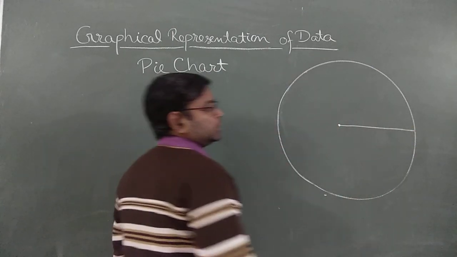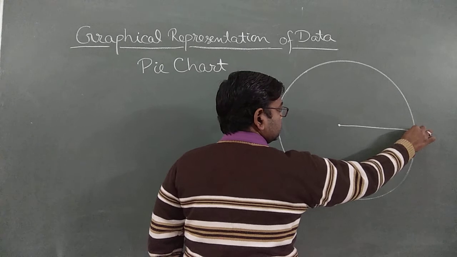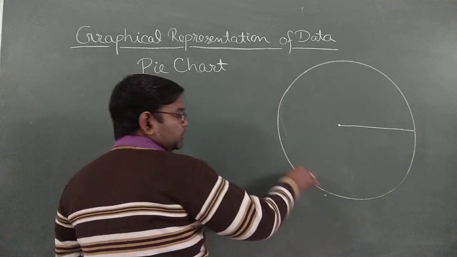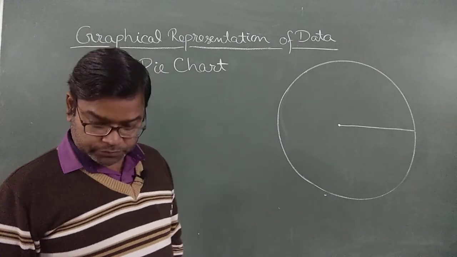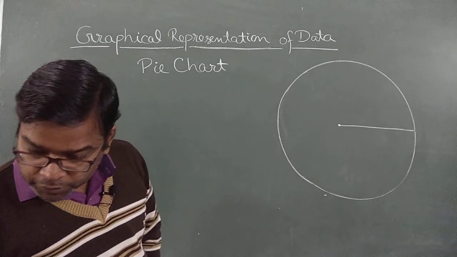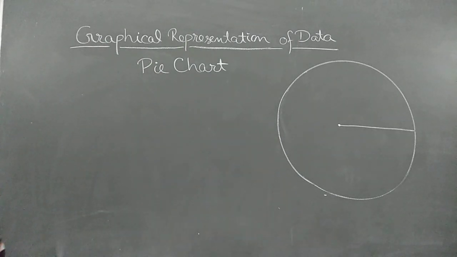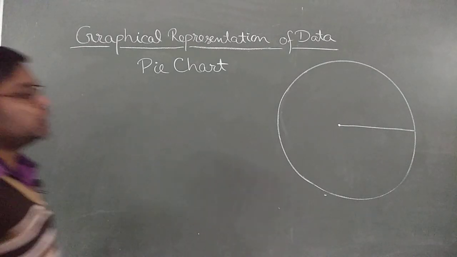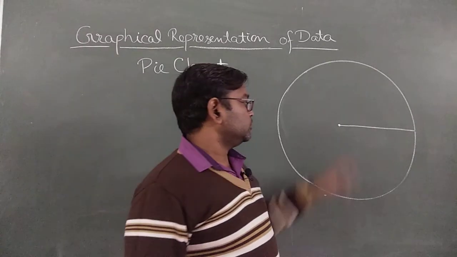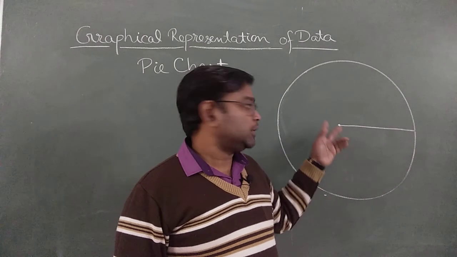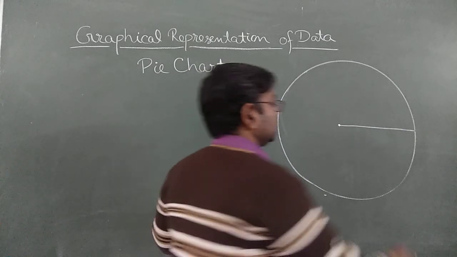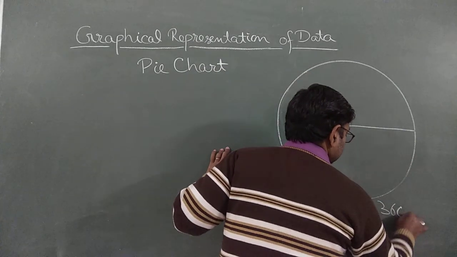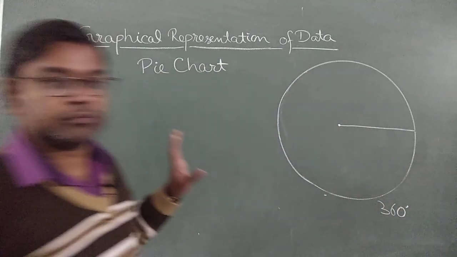If a particle starts to rotate around this point along the path of the circle, it covers 360 degrees, meaning the value of the angle at the center must be 360 degrees. So you must remember that the value of the complete circle is 360 degrees.